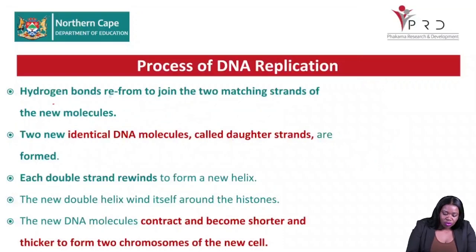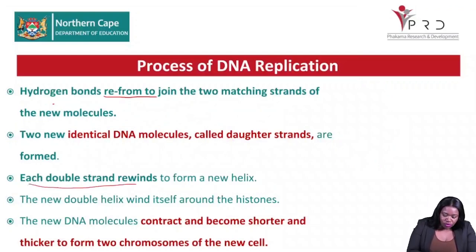So the hydrogen bonds will reform to join the two matching strands of the new molecules with each other, right? And then we are now going to say that we have two identical DNA molecules that are called the daughter strands that are formed, right?